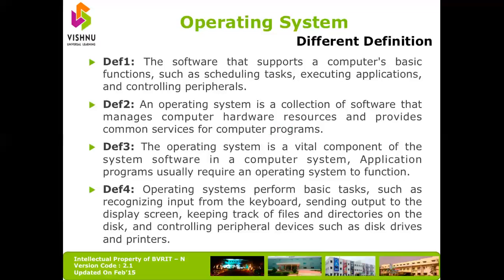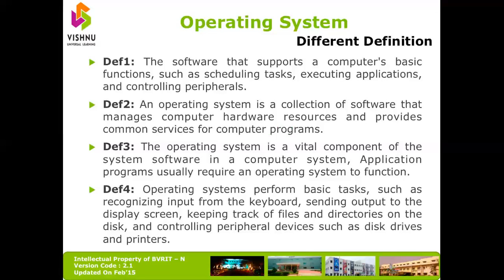Let's take a look at the third definition. The third definition says the operating system is a vital component of the system software in your computer system. Application programs usually require an operating system to function.